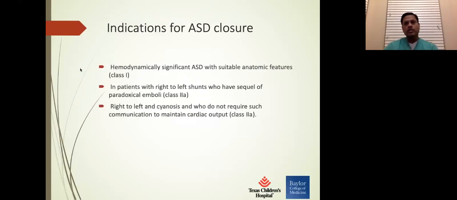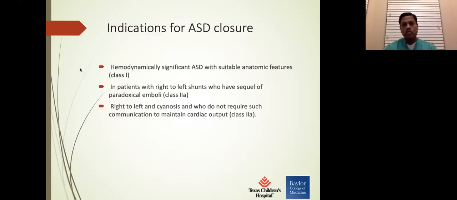So, indications for ASD closure. The class 1 indications, these are indications for transcatheter ASD closure, are hemodynamically significant ASD with suitable anatomical features, which include adequate rims, and we'll talk about how to assess the rims around the ASD for suitability of device placement.